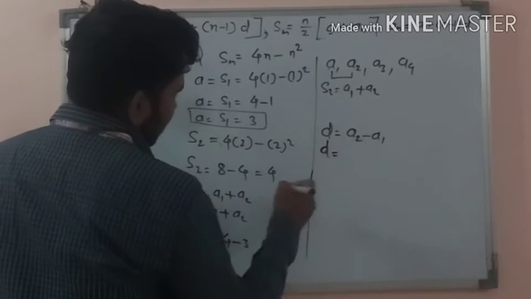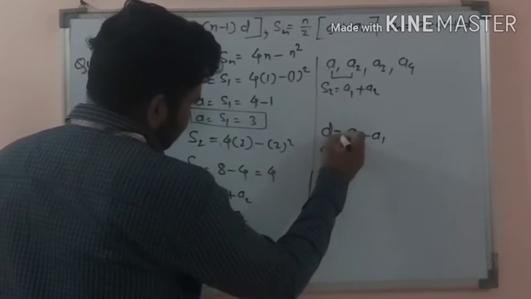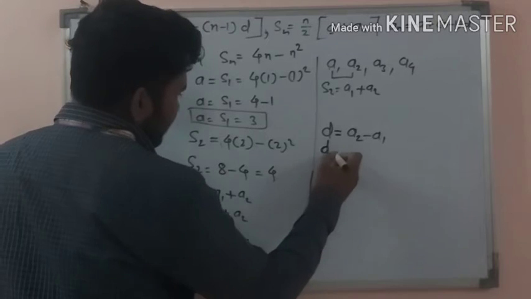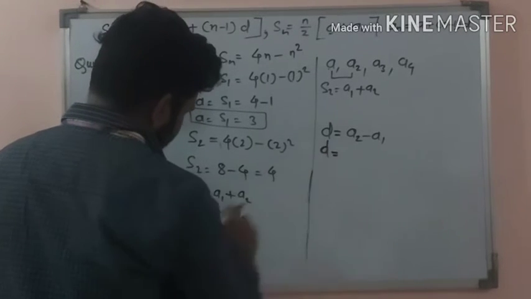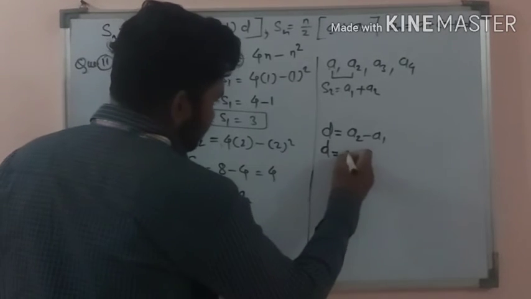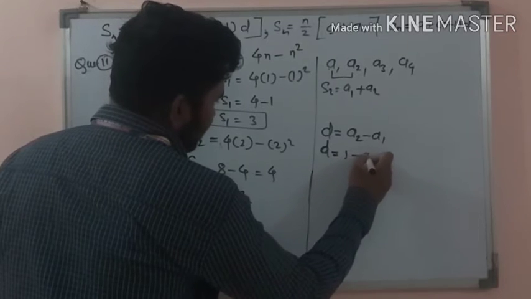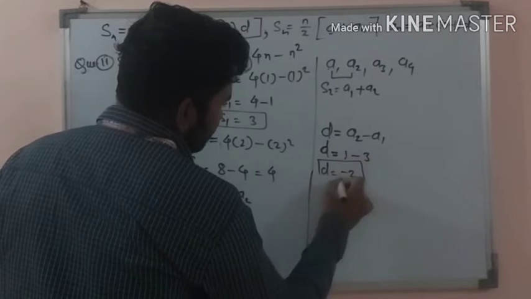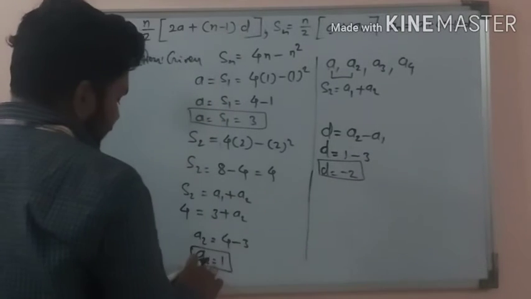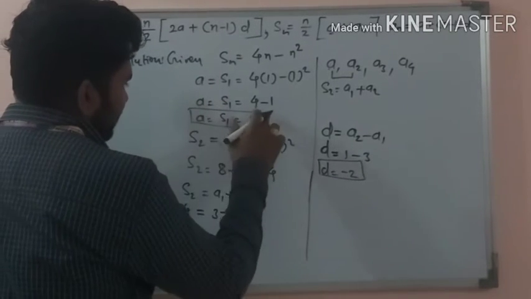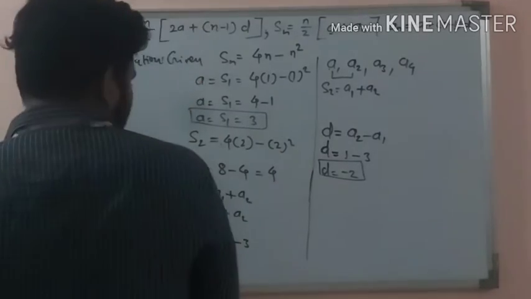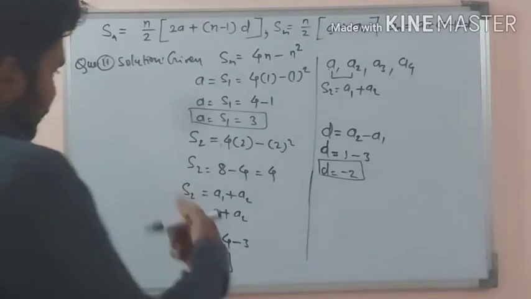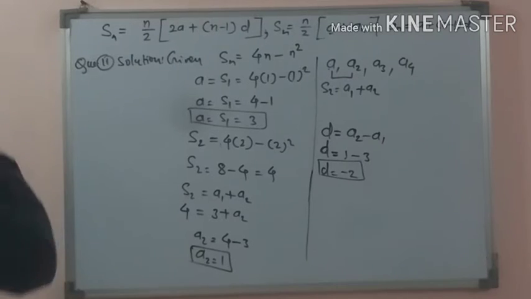So what will be the value of D from here? D is A2, which is 1, minus A1, which is 3. So D is minus 2. Okay, so D is minus 2 and A is 3.